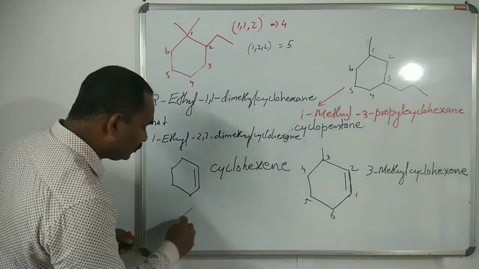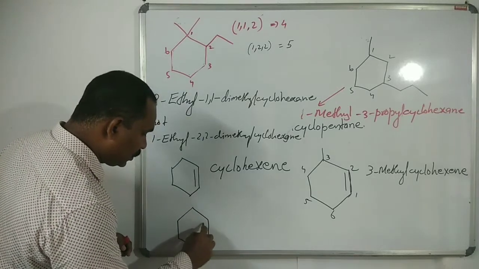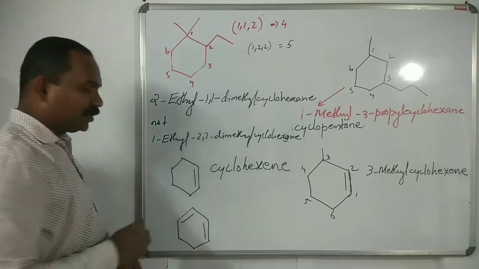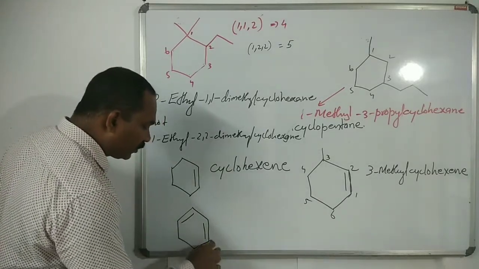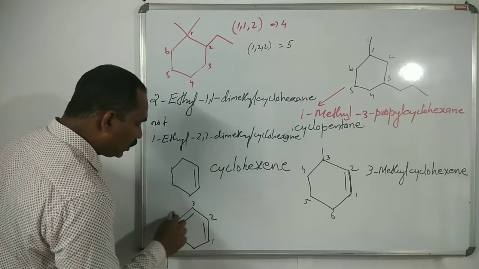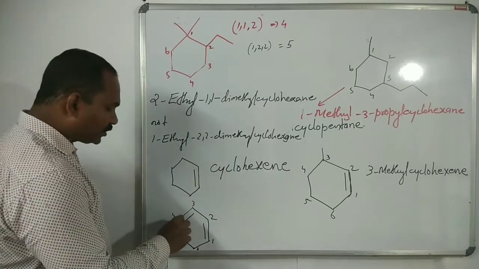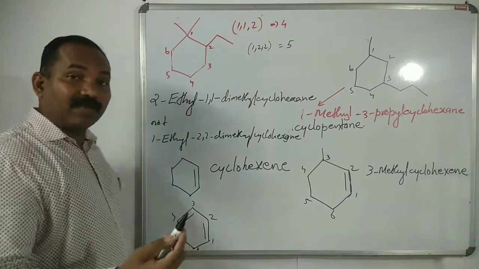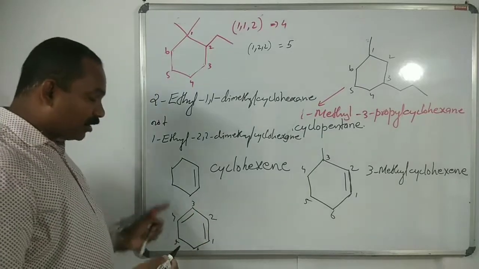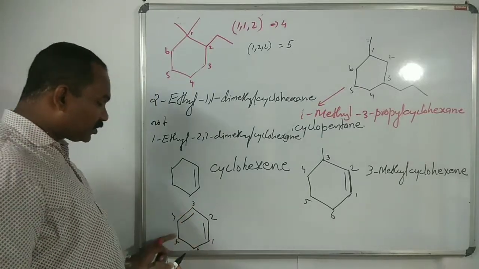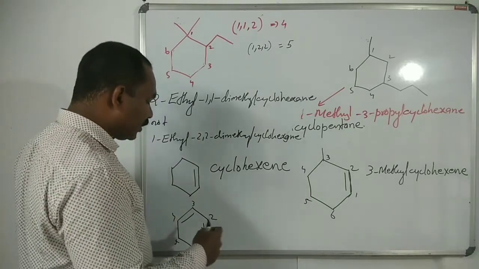Another example. Here two double bonds are there. Starting from here or from there, 1, 2, 3, 4, 5, 6, or you can start 1, 2, 3, 4, the same way, the same numbers. The two numberings differ, but both give the first and third positions, so identical position.